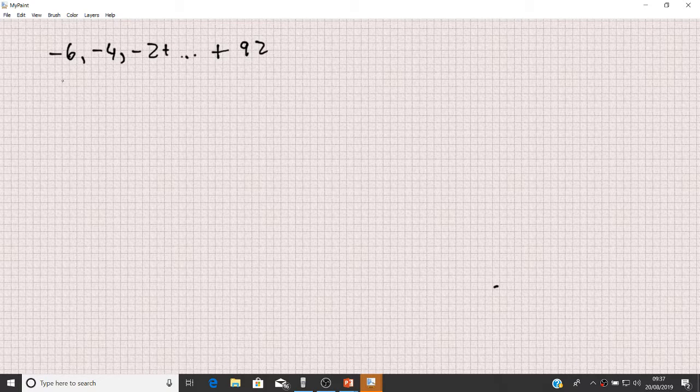So we have to sum this AP. So we need to find Sn. So we need to look at the term 92. So if Un equals 92, we need to find n. So again, we'll state A is negative 6 and D is positive 2.